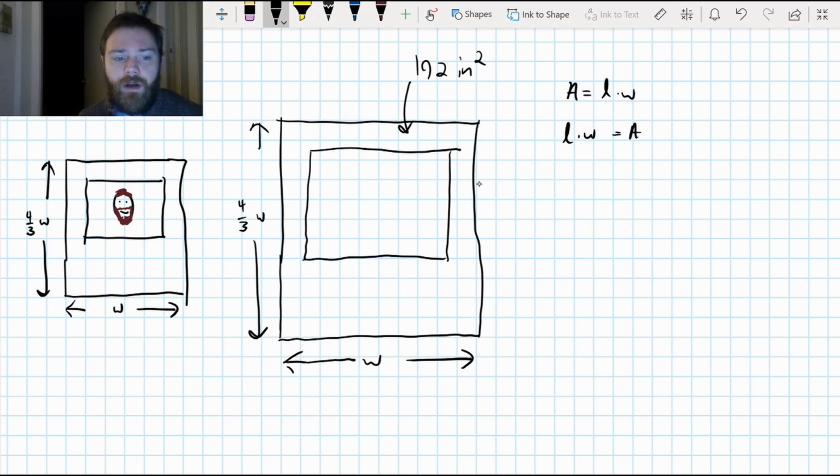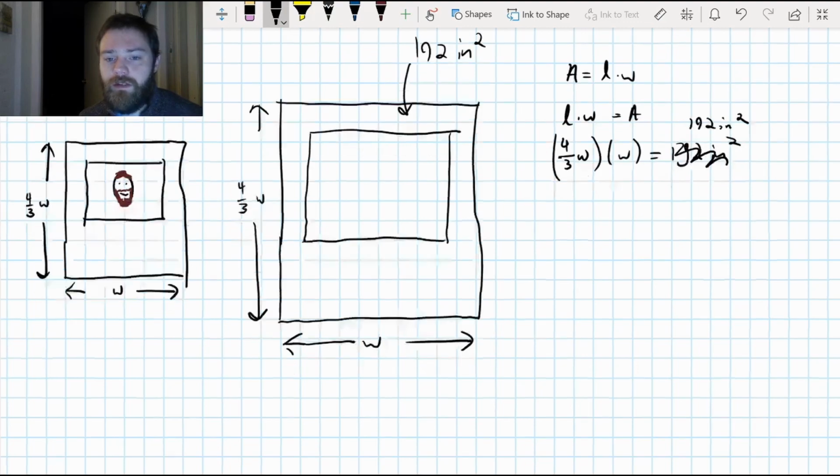Here my length, or my height, would be 4/3 W. We're doing the area of this Polaroid: this side length times this side length. And then I've got W here, equals 192 inches squared. My bad, I did not mean to make that look like a G, but I cannot erase it for some reason. My Surface Pro does not like to erase.